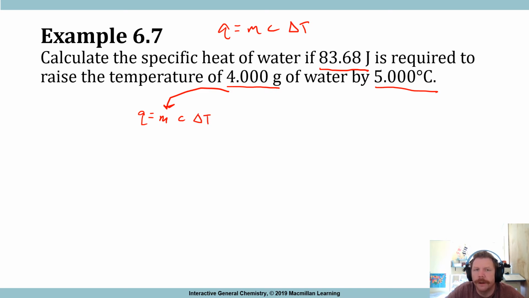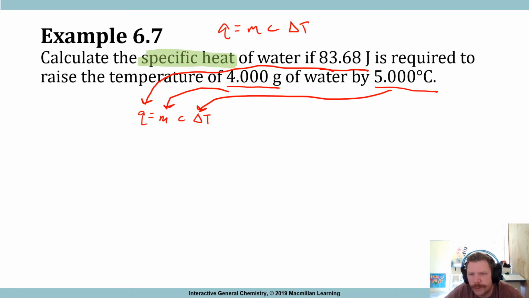Our Q value is going to be heat, which we see as joules. Our delta T, well, we're changing this water by 5 degrees Celsius, so 5. Now this question is asking us to calculate the specific heat of water. We know what the specific heat is based on what we've seen previously, but this question isn't asking us to do that.